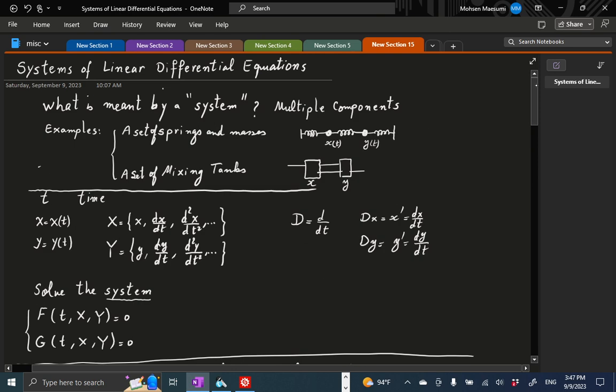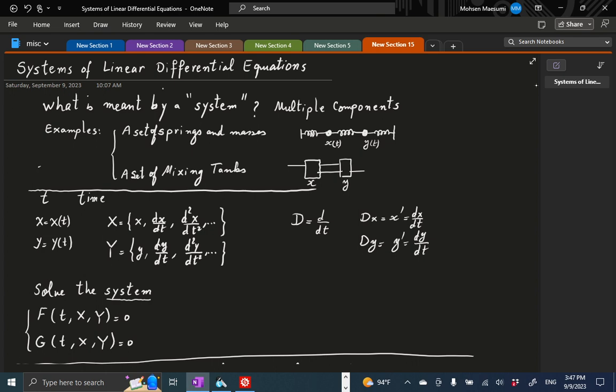So again, what was the discussion today? We talked about a system. What is it that makes a system? It's having multiple components. We write a physical law that relates each component to the other ones, and each of them gives us a differential equation. And then when we put all these equations together, we have a system of equations.